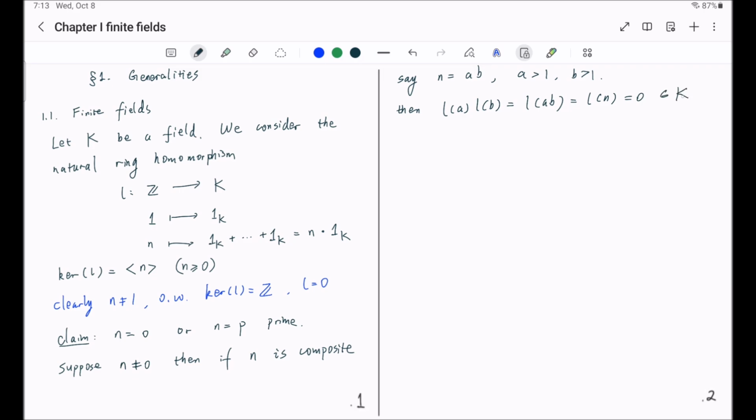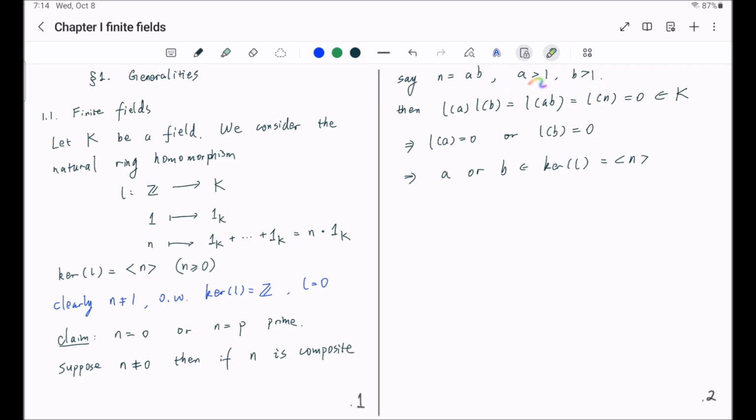And this happens in K. But this implies, because K is a field and therefore an integral domain, iota of a is equal to 0 or iota of b is equal to 0. And this means a or b is in the kernel of iota, which is generated by n.